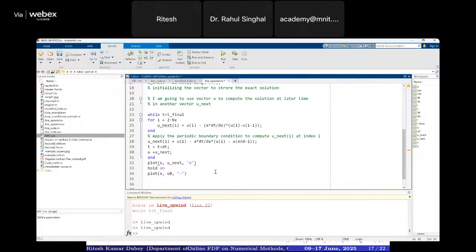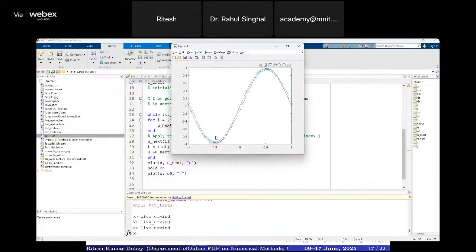It's not exact, but it's the initial condition, and it can be treated as an exact solution. So you can see that the blue dotted or circular line shows you the approximation which you received by Euler method, and the red one is the exact solution.